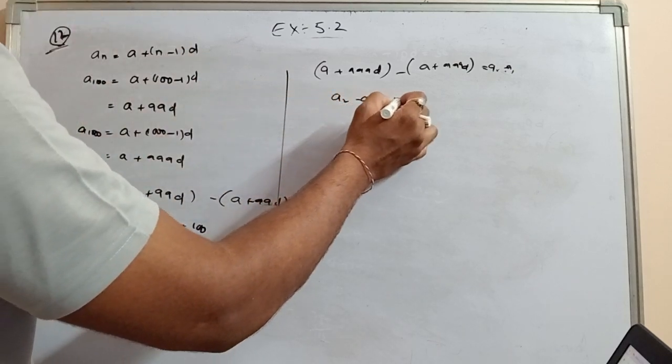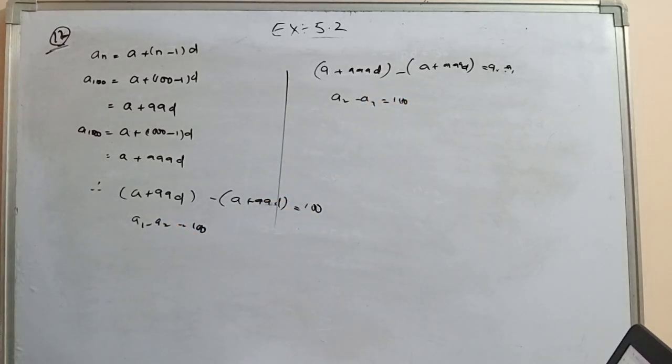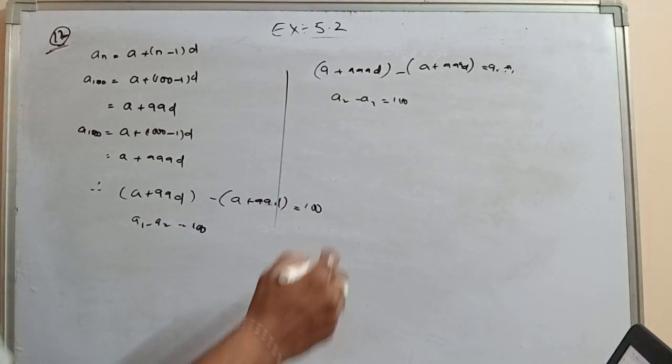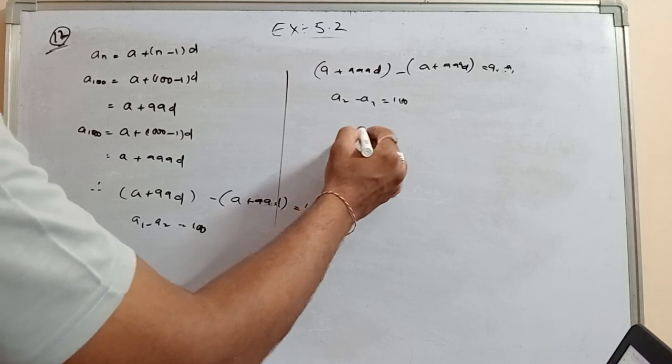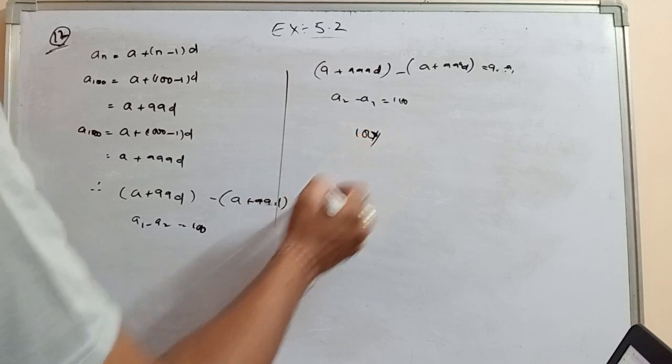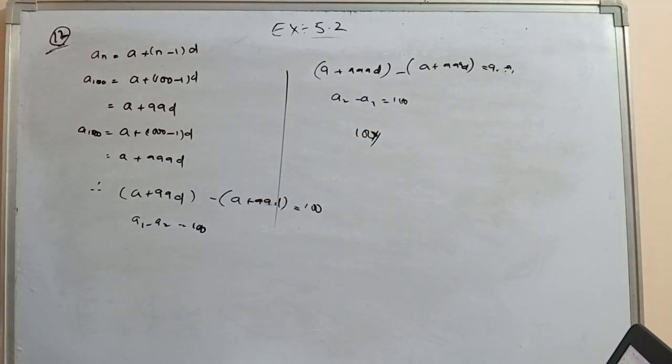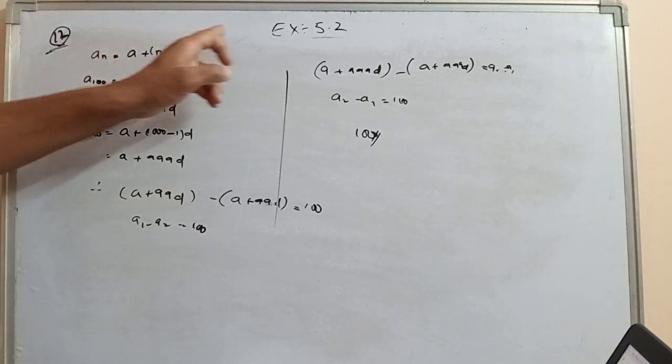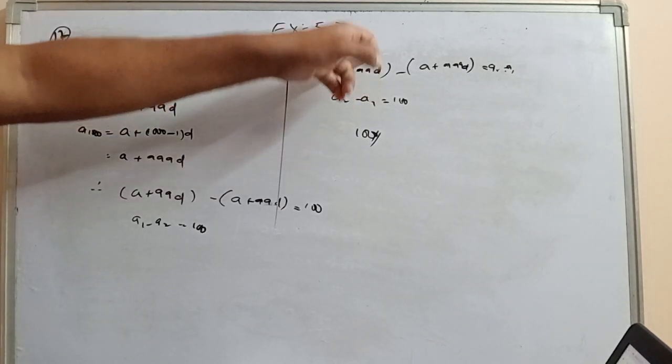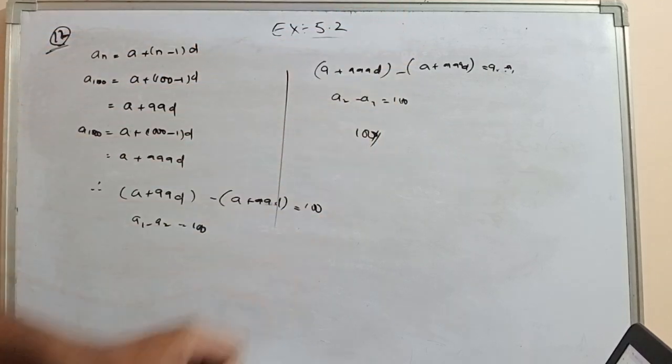So we know that the difference between the 1000th terms of the APs will be 100. So the difference of the 1000th terms will be 100.